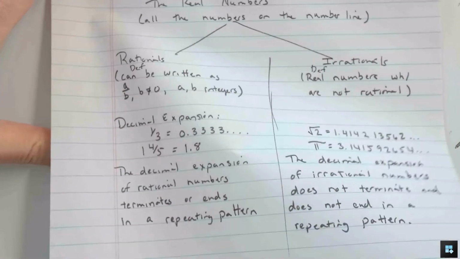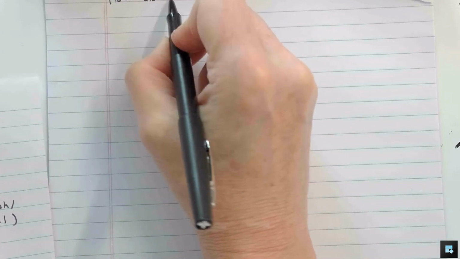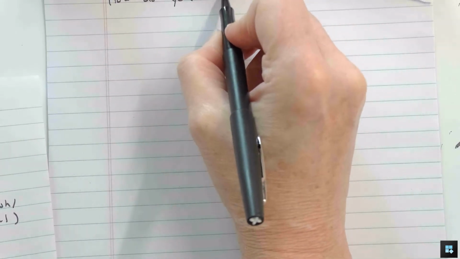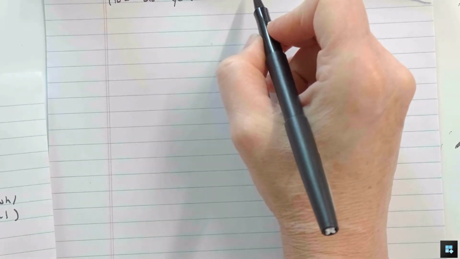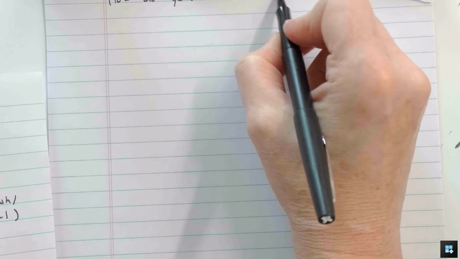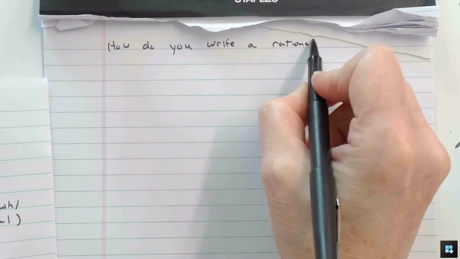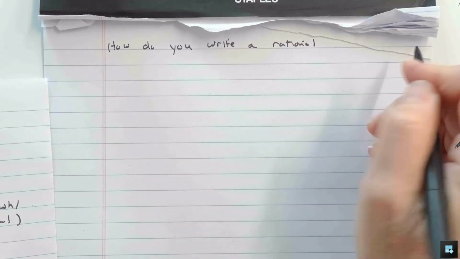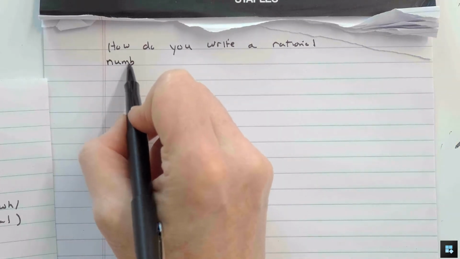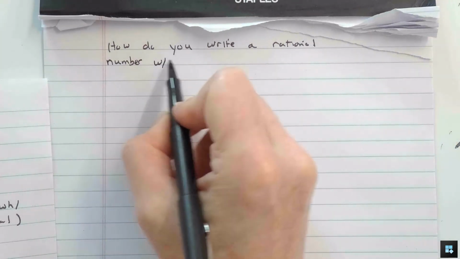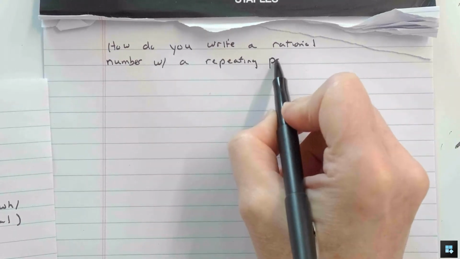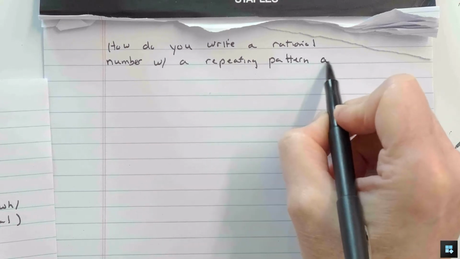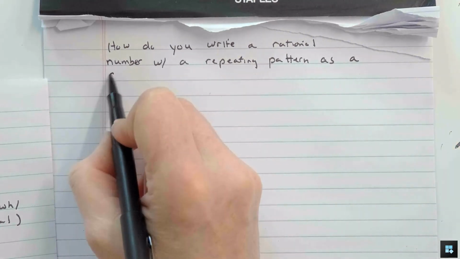how to write a rational number with a repeating pattern as a fraction.